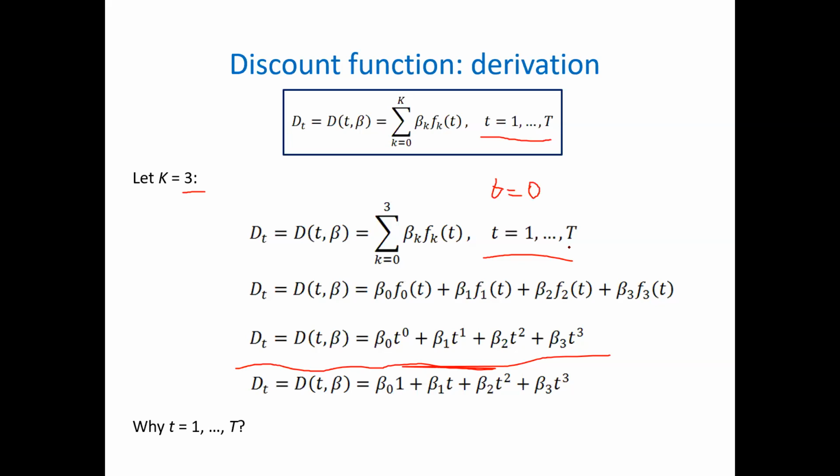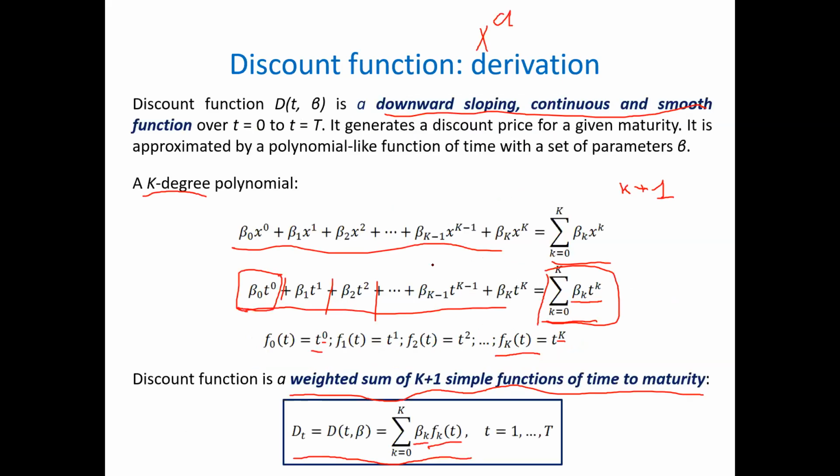So this is the period 0. So time to maturity occurs right now, today. So I have the right just to write it like that, but I don't write it like that in this particular slide and previously as well. I count t from 1, not from 0.